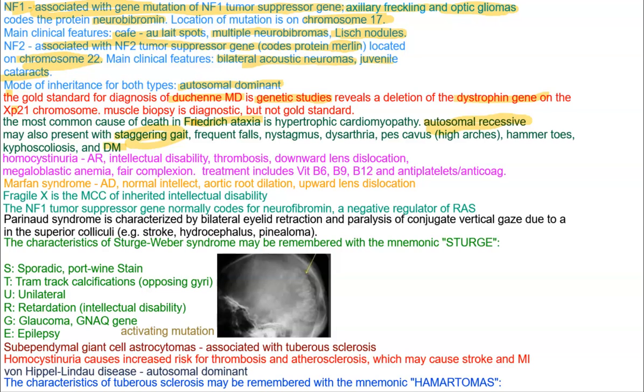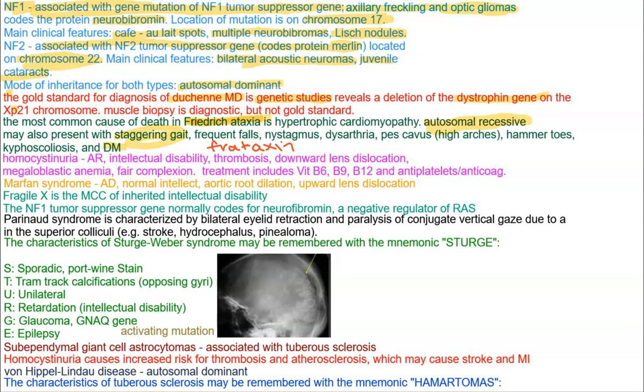So remember that picture on UWorld where they show a huge heart for Friedreich's ataxia. That's going to be important to remember. And Friedreich's ataxia is associated with the frataxin gene.